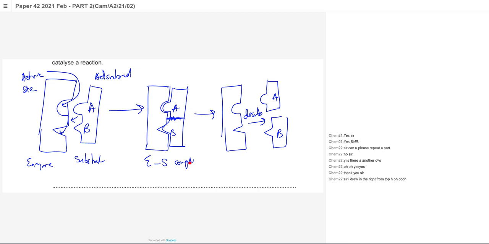I have done similar questions many times before. This is the enzyme, the substrate. This is the lock and key model. A specific enzyme catalyzes a specific substrate molecule's reaction. This is the enzyme-substrate complex, this is the enzyme, and this is the product.